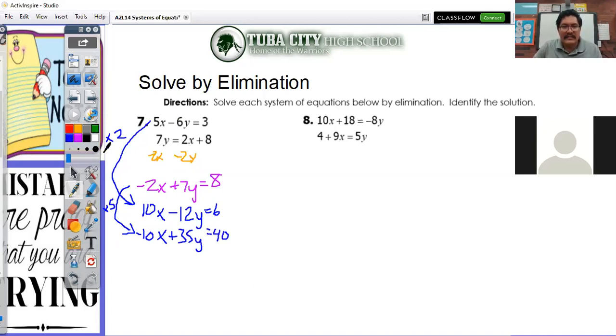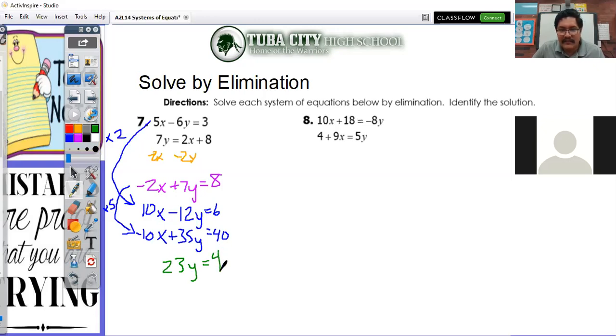Now I'm going to go ahead and put these two together, combine them. So 10 is going to cancel out. And let's see, for y, we're going to get 35 minus 12. So 5 minus 2 is 3. And 3 minus 1 is 2, so it looks like we get 23.